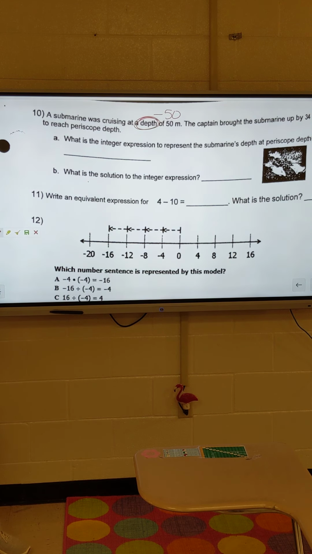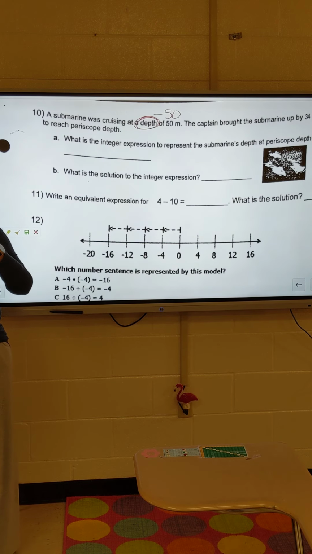I think periscope depth means that they're up enough in the water. Y'all know what a periscope is, right? It's that thing in a submarine that shoots up through the top of the submarine, and they're down in the submarine, they can look in it, and it lets them see out of the submarine.